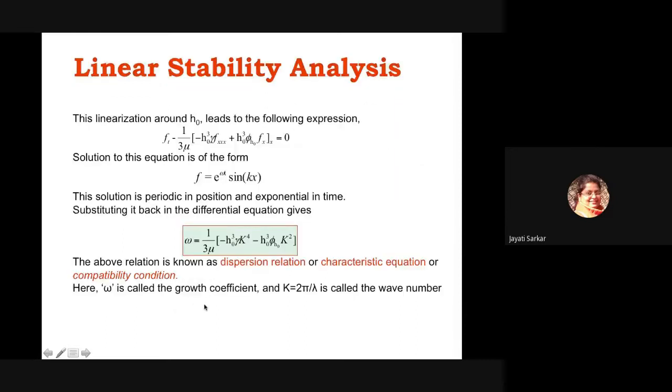So what we do is we recast the actual thin film equation around this H0, and we write it in terms of epsilon and f. Then we can consider that this function f is sinusoidal, as I have told, and it is evolving with time. So it has a time component and a sinusoidal component, and this is a trial function that we want to fit in and see how it evolves with time.